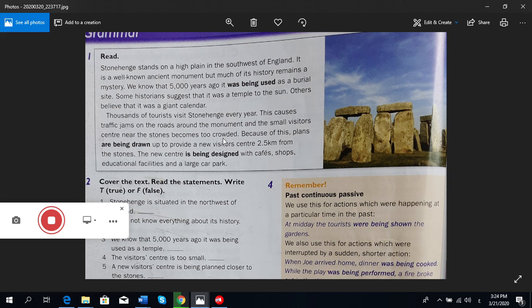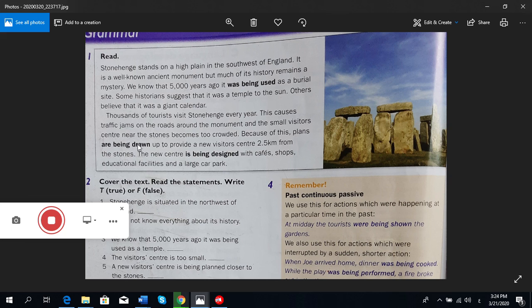Too crowded. A lot of people there. Because of this, plans are being drawn up to provide a new visitors center 2.5 kilometers from the stones.